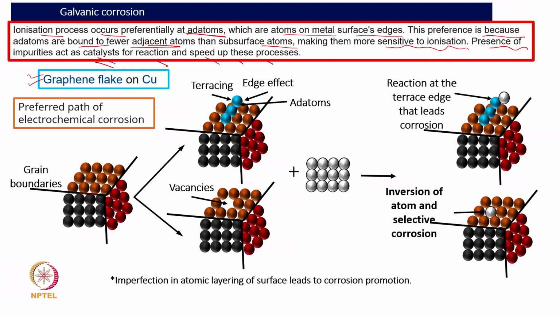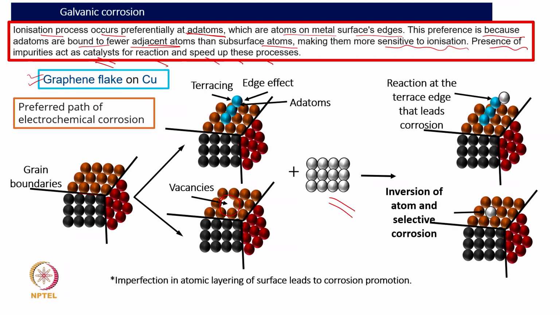Now, if there is some other metal or galvanic corrosion available, then because these are going to create a local defect, or if there is some sort of vacancy, either we give some path because of impurities, like in this case I am using the graphene flake on the copper as a kind of impurity, or there is a vacancy.